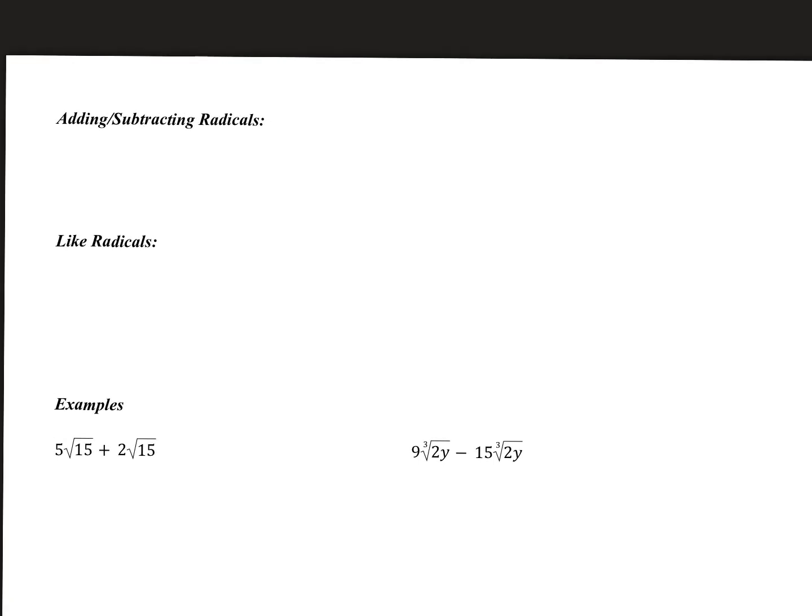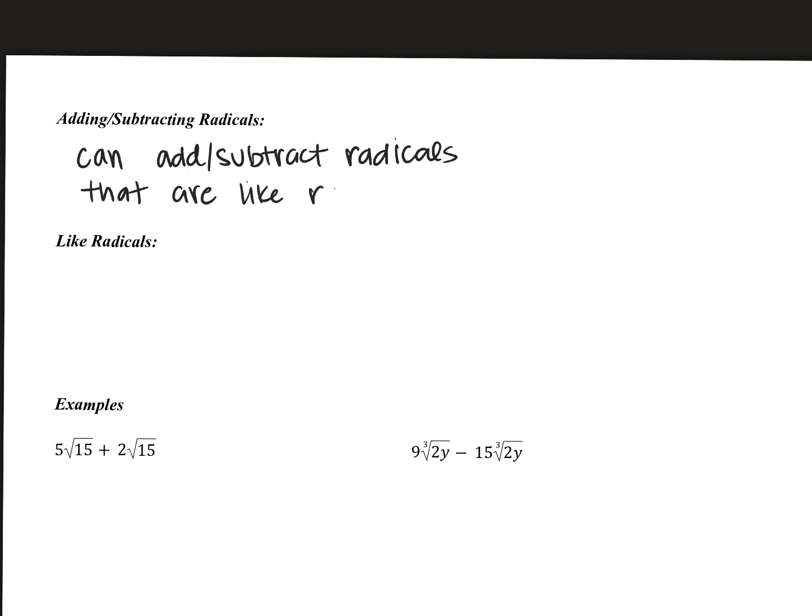Last thing we're going to talk about is adding and subtracting radicals. So you can add and subtract radicals that are like terms. So you can add or subtract radicals that are like radicals.